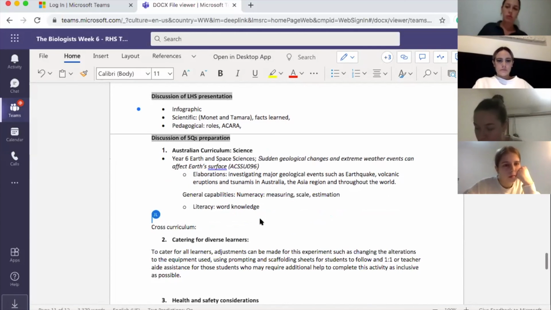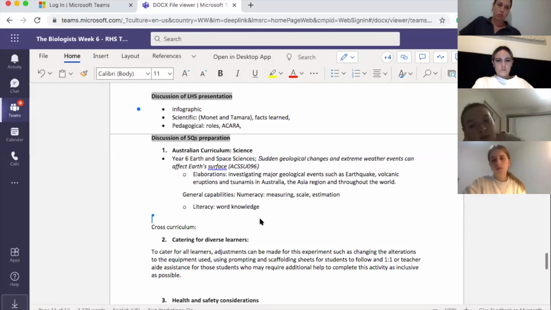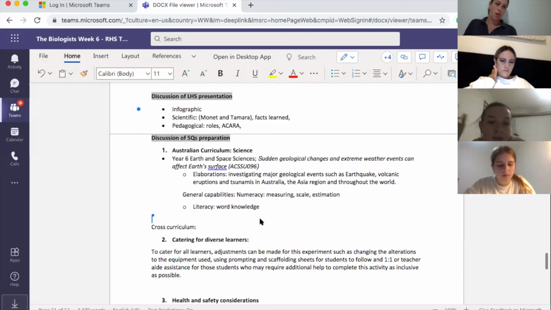As long as we know what we're talking about when we get asked that question, we can answer it confidently. And then also estimation, because they'll be estimating what will happen in the hypothesis.